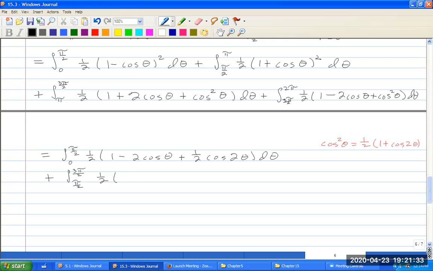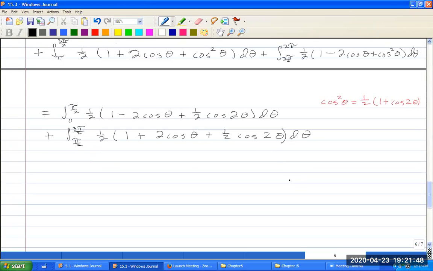One half, and the only difference is a plus sign. And then the last one is the same as the first. Plus the integral from 3 pi over 2 to 2 pi of 1/2. So those are minuses: 1 minus 2 cosine plus 1/2 cosine 2 theta.